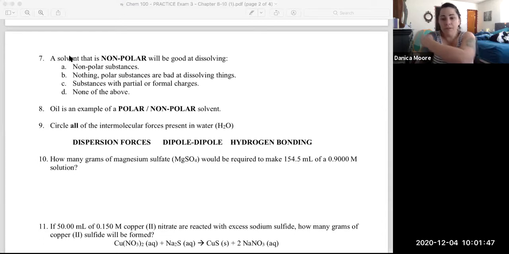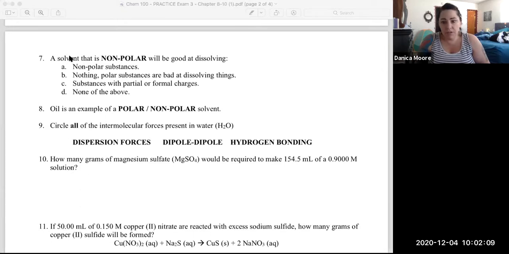So it's more about the difference between liquids and gases, because it's more common to have liquids with dipole and hydrogen bonds. Is everybody with me on that? Cool.